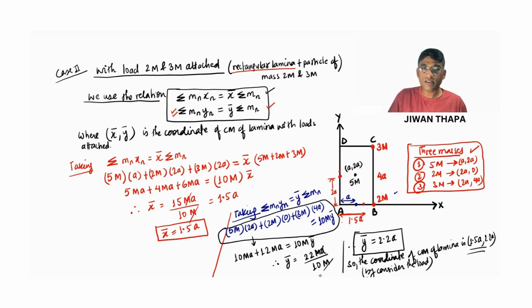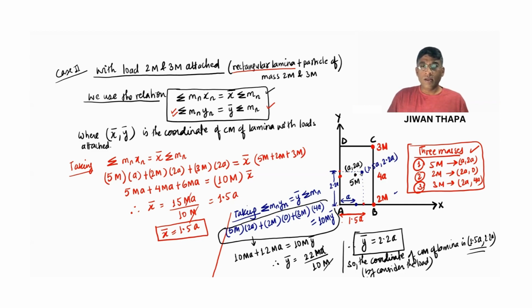This whole distance is 2.2A. So the center of mass of this uniform lamina, by considering all the loads attached, is at this point. So this is at coordinate 1.5A comma 2.2A. So we have this. This is to be noted.